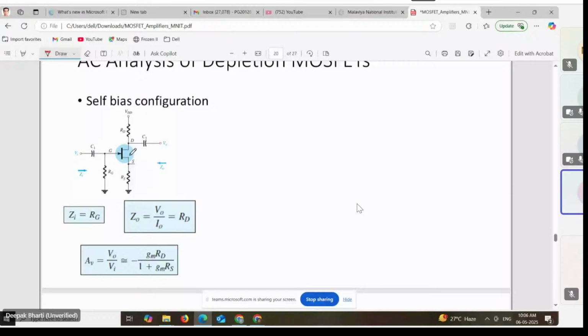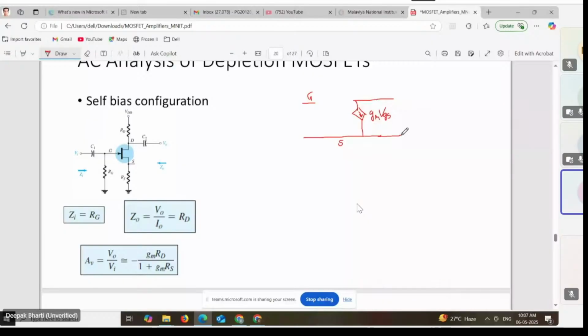This is G, S, open circuit between G and S. This is my gm VGS. Small rd I have neglected for the moment to make the analysis somewhat easier.